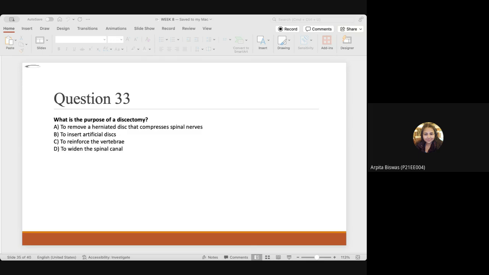Question number 33, the right option is option A, to remove the herniated disc that compresses the spinal nerve.